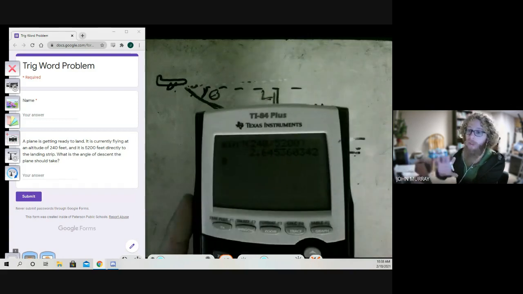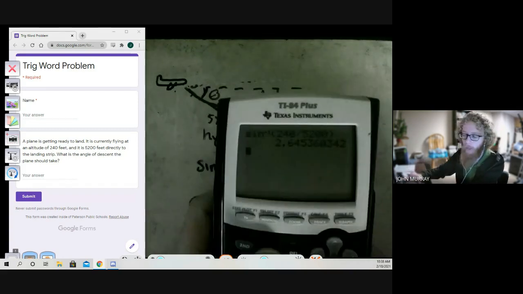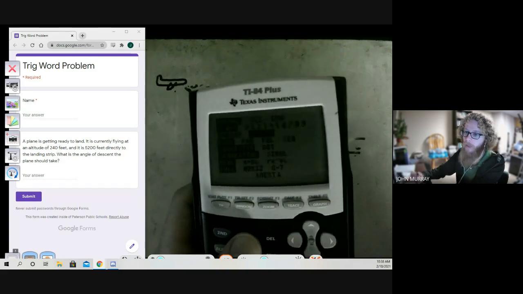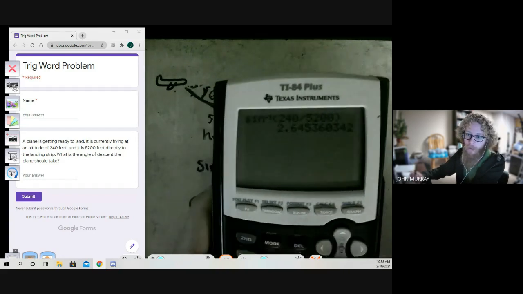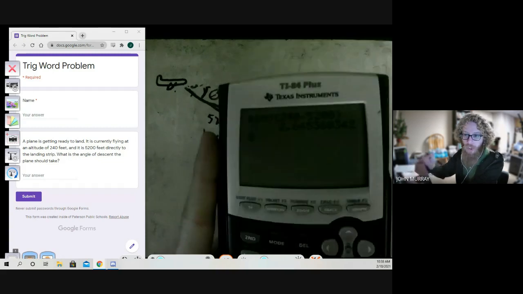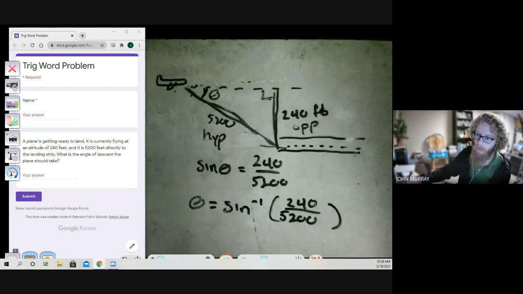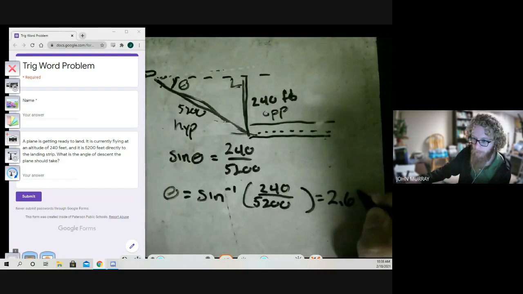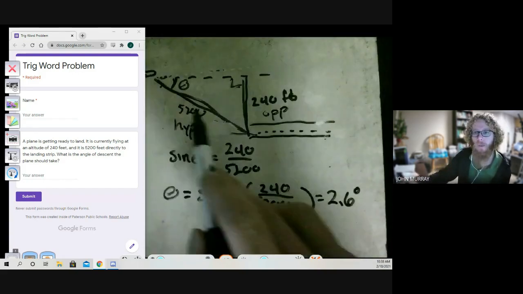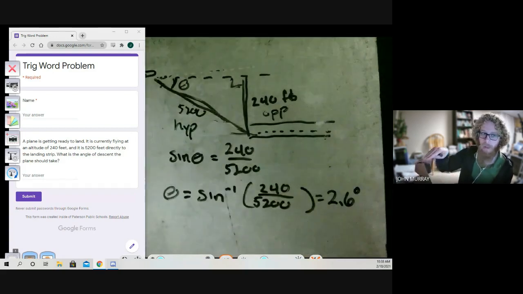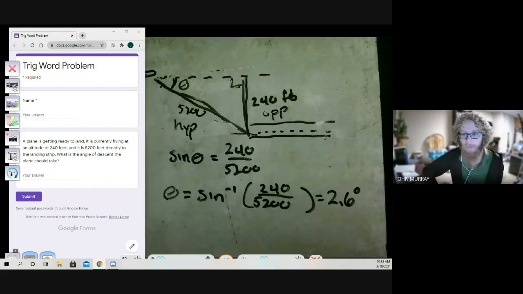Well, that doesn't make sense, so that's okay. Let's double check our, oh, that's in degrees. Okay. So we have a really shallow angle of descent, and it's only 2.6 degrees. Right, so we got a while till we get down, right? So it's very slowly, it's not a very steep angle that we're traveling down.